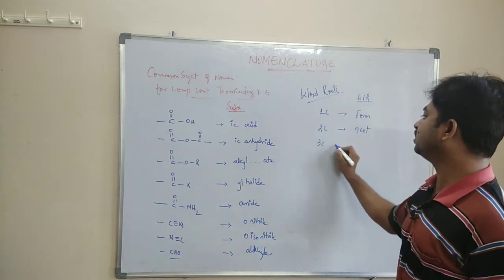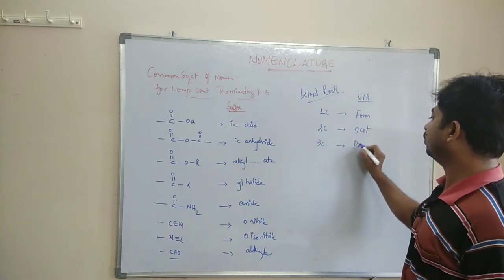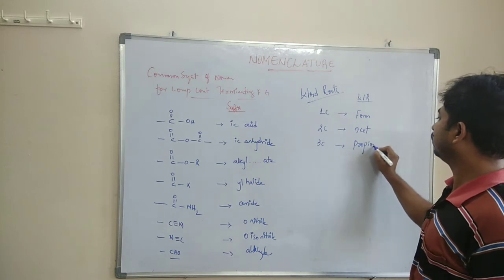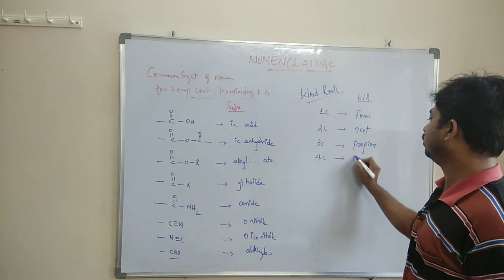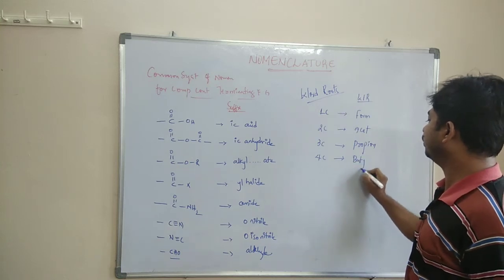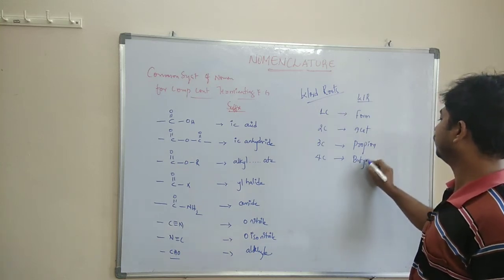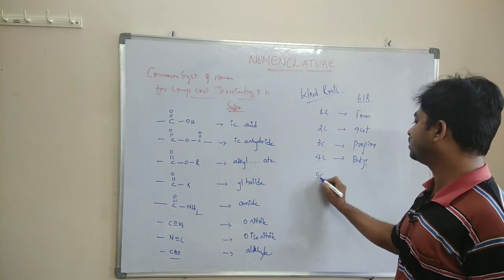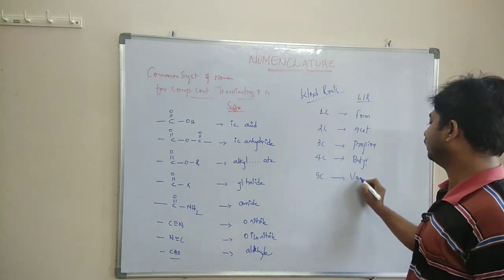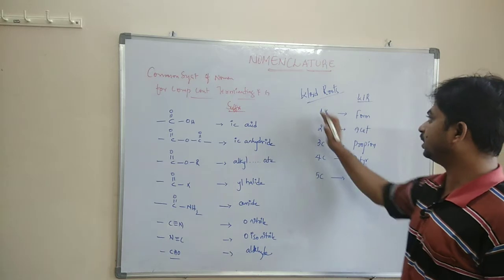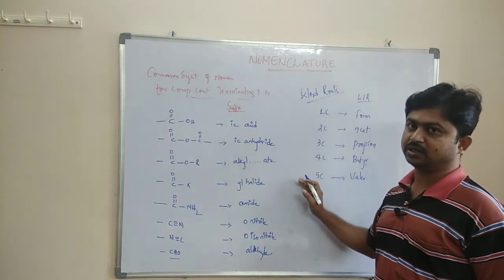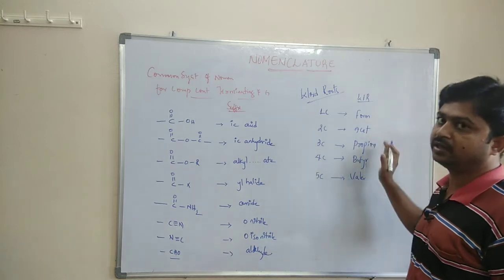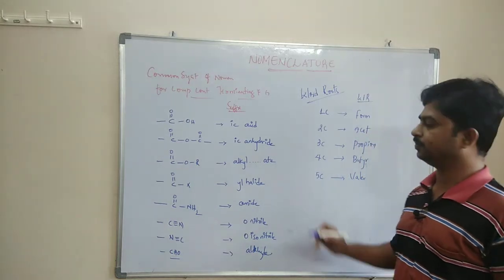If three carbons are there, propion. If four carbons are present, we use butyr. If five carbons, valer. So these are the numbers of carbon atoms in the hydrocarbon chains and their word roots.